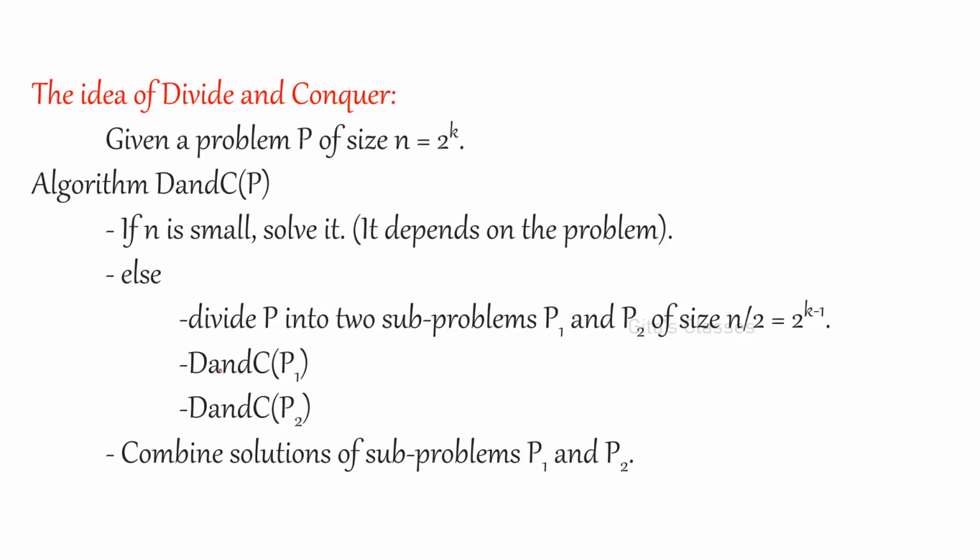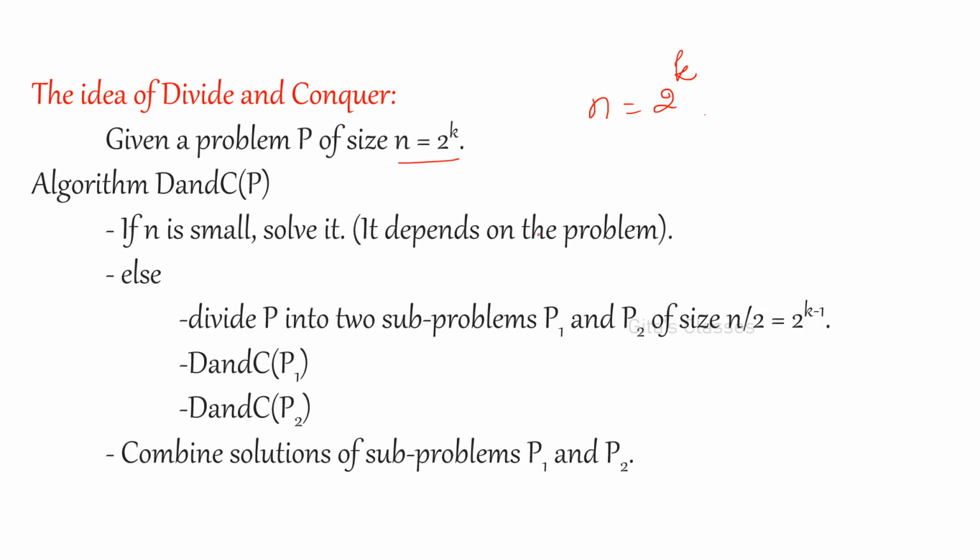Now, if you want to write the idea of divide and conquer as an algorithm, assume that the given problem P is of size n. For our convenience, let us take n as 2^k. The algorithm, according to the textbook, is DAndC(P), called on the problem P. If n is small, solve it directly. What do we mean by small?